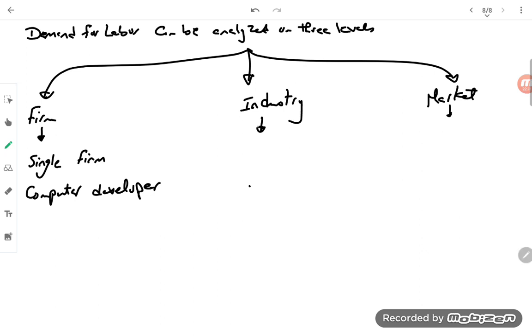When we are going to talk about the industry, we are going to talk about developer in developing software. When we are going to talk about the market, developer in any industry. Okay, so they don't have to work in a software industry. Software developer in any industry. Okay, this is the difference between firm, industry, and market level.